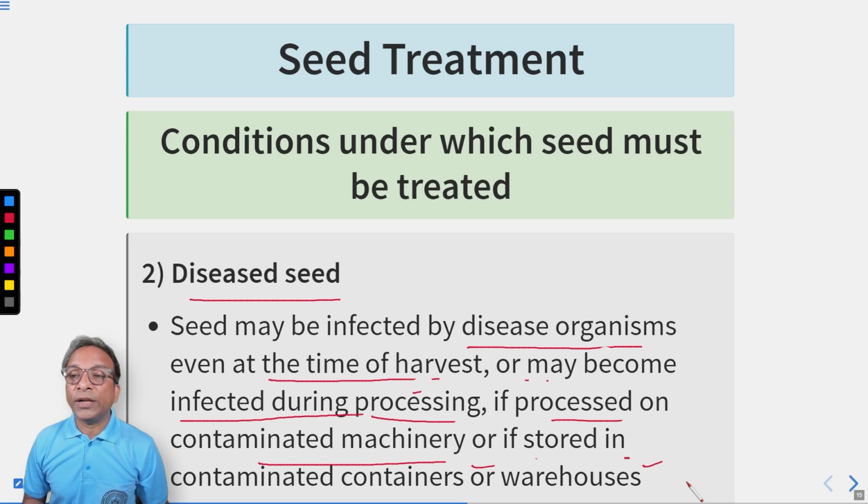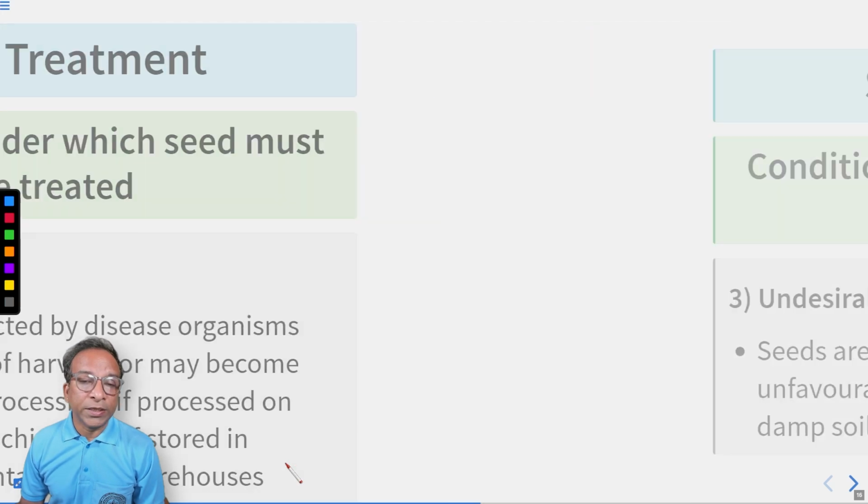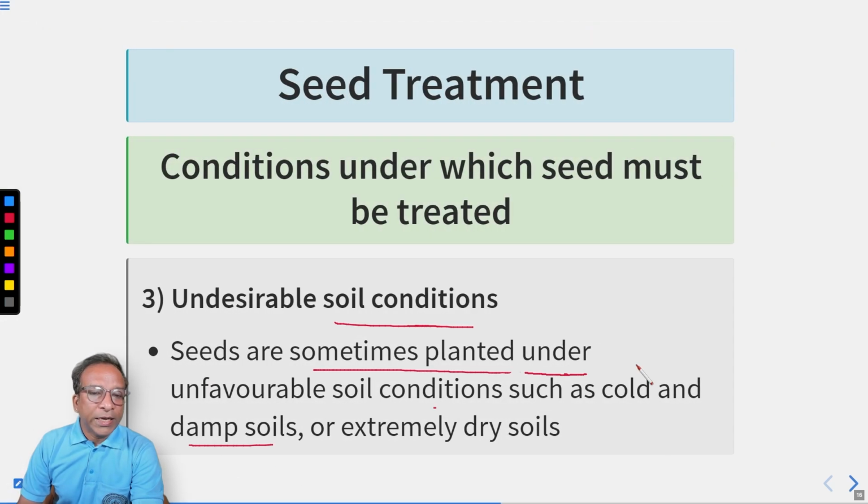So these things should be kept in mind while processing and storing the seeds. Undesirable soil conditions do not allow the seeds to germinate, and they can affect seed life also. Seeds are sometimes planted under unfavorable soil conditions.